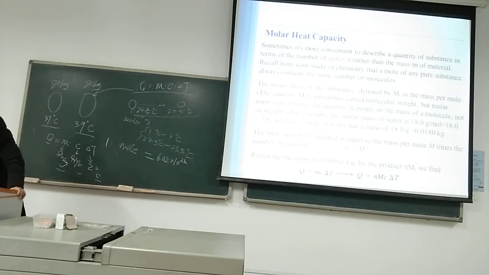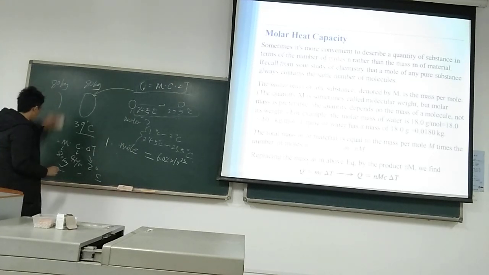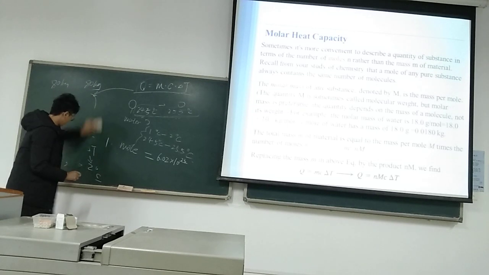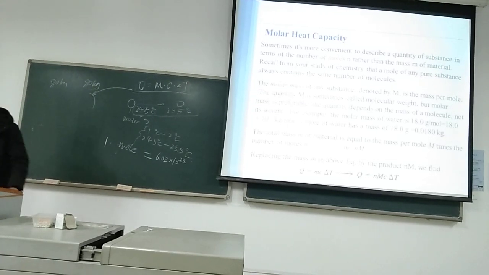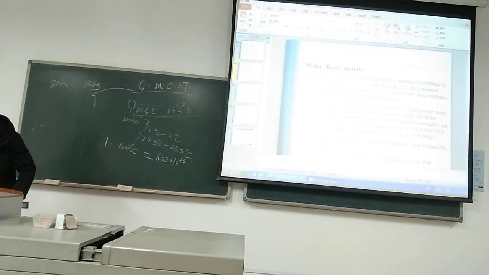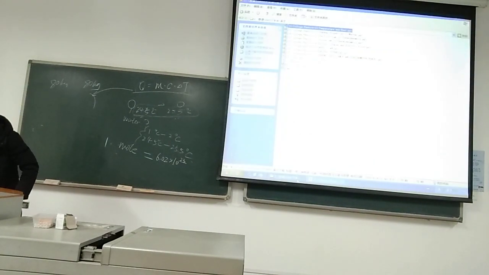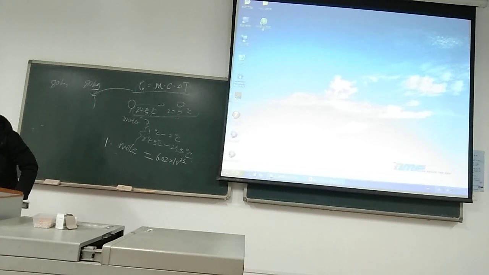The total mass of material is equal to the mass per mole times the number of moles n. Why we use moles is because it is mostly useful.